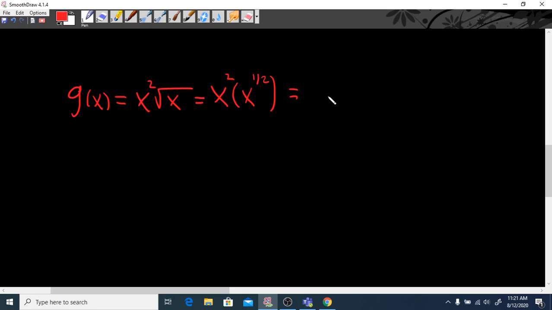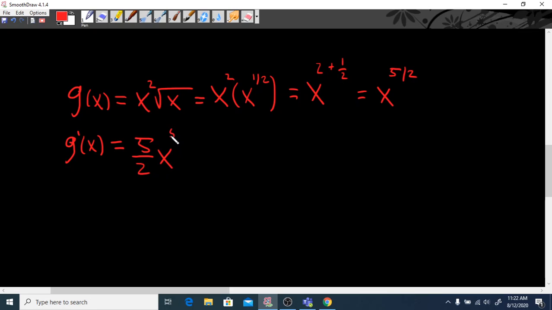Square root of x is x to the 1/2, so this becomes x to the 2 plus 1/2. And then, 2 plus 1/2 is 5/2. And now, this derivative becomes much easier. Because all we have to do now is just apply the power rule, x to the 5/2 minus 1.